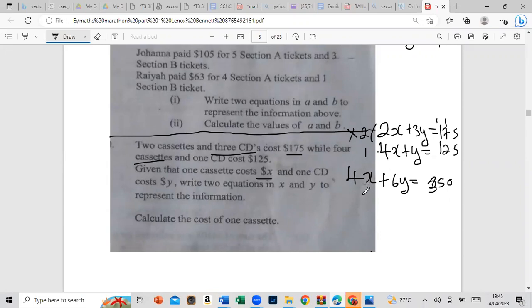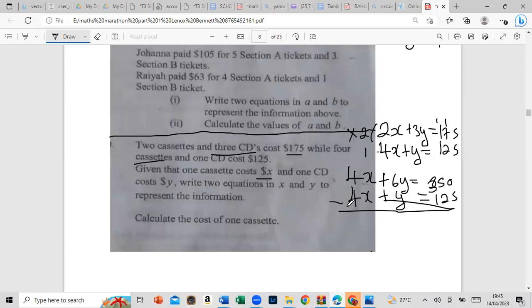But this one now we multiply by 1, so anything times 1 is the anything. Because both of them are positive, we subtract.